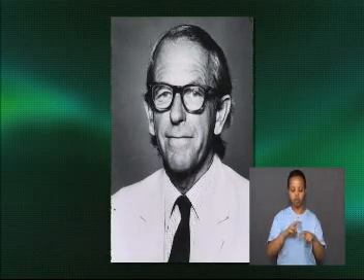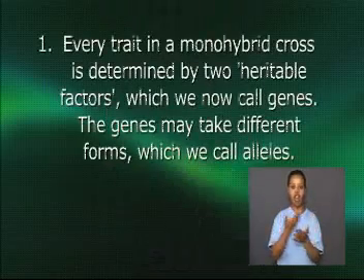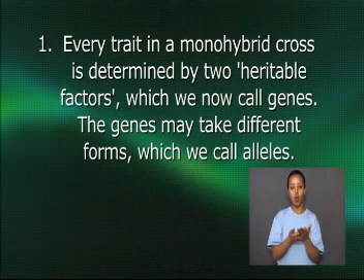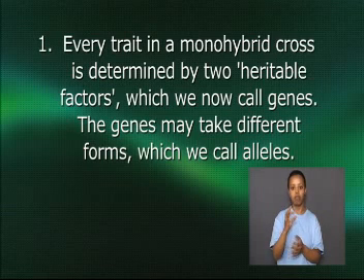The first person to experiment with monohybrid crosses was an Austrian named Gregor Mendel. Through experiments with pea plants, he deduced the 2 following principles. Every trait in a monohybrid cross is determined by 2 heritable factors, which we now call genes.